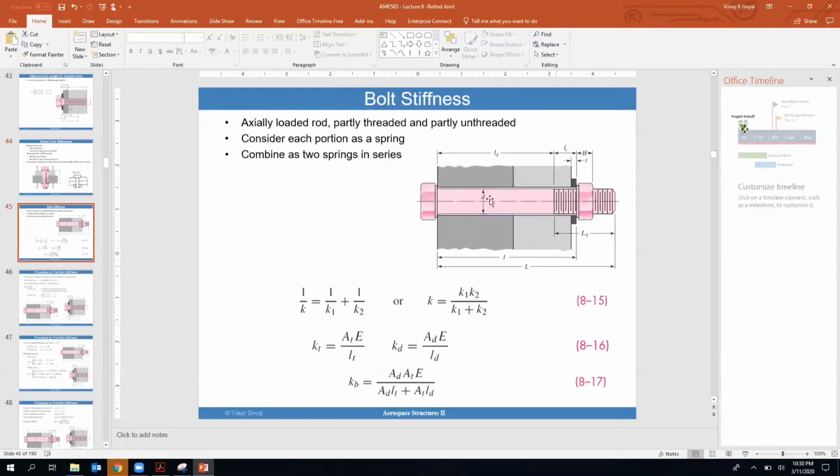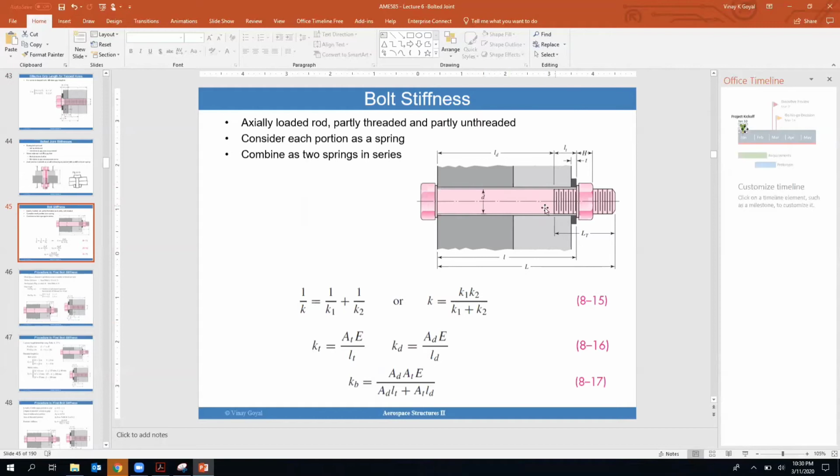As you can see here, you have a threaded portion and an unthreaded portion. So what you can do is represent this as stiffness K1 and stiffness K2, and treat these as two springs in series, sorry.